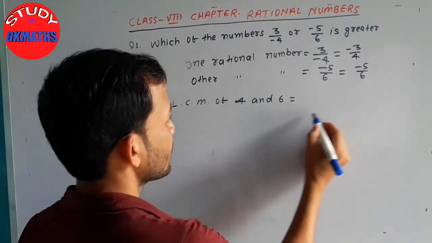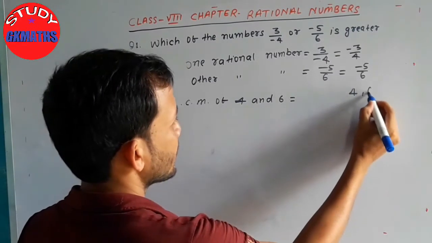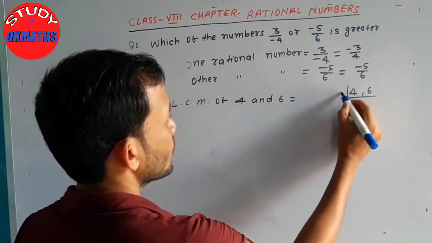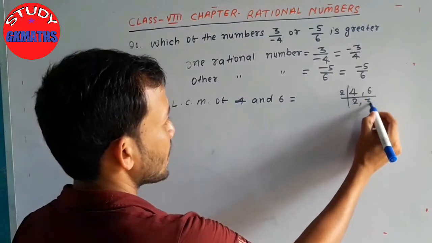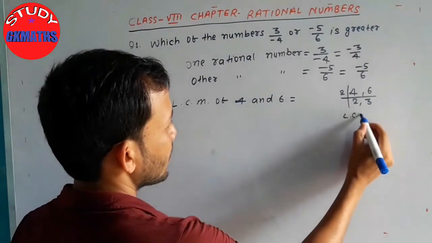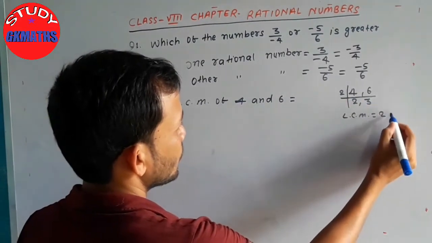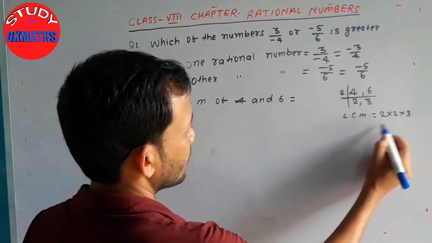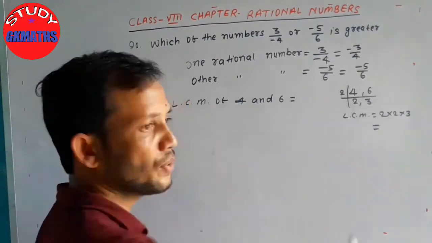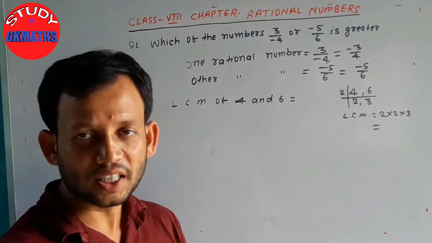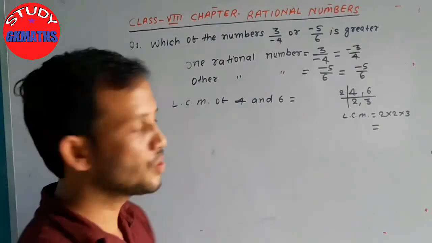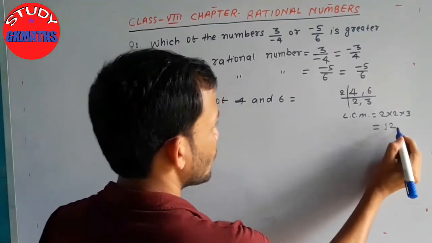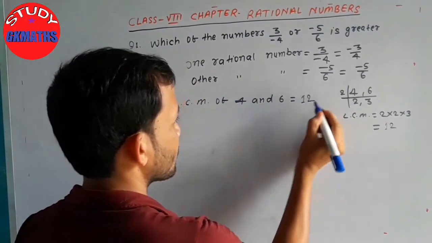You will get the LCM of 4 and 6. 2 2s are 4, 2 3s are 6. LCM is 2 into 2 into 3, equal to 2 2s are 4, into 3, 4 3s are 12. So your LCM is 12.